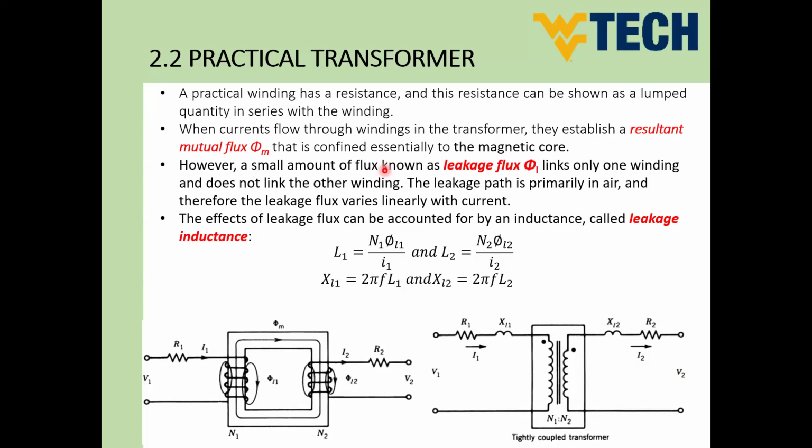In this case, we will have some copper losses and we will make a series resistance with the inductance in order to represent this type of equivalent series resistance. Okay, this is one thing.